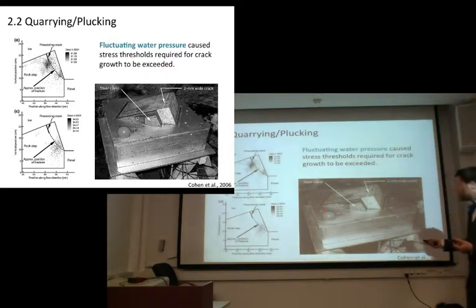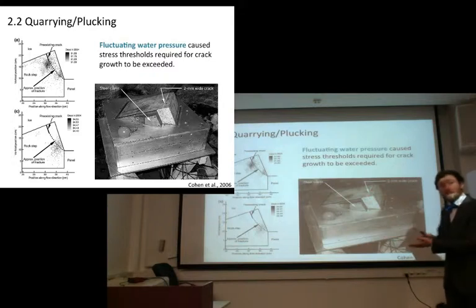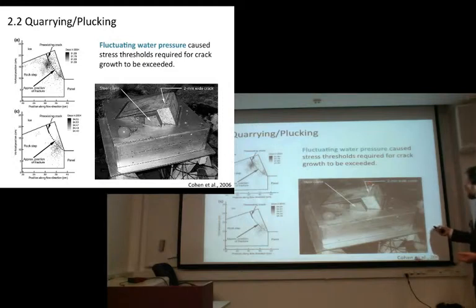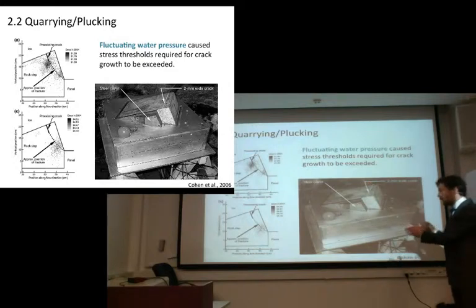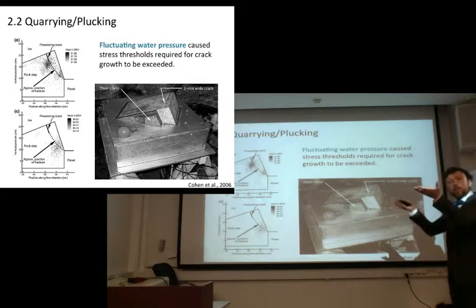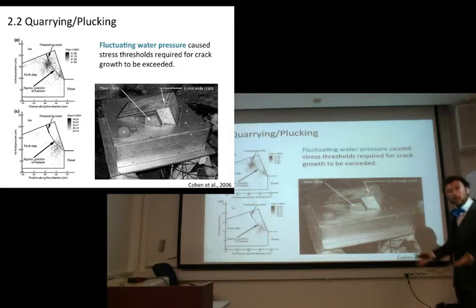What they did is they built this case, and on top they placed a piece of granite. In this granite they cut a small crack on this side. They placed this case and block at the interface between the bedrock and the ice, because at this lab we can access the glacier bed.